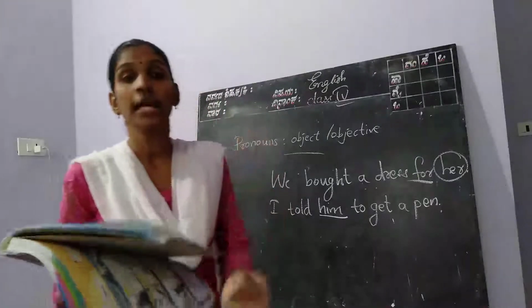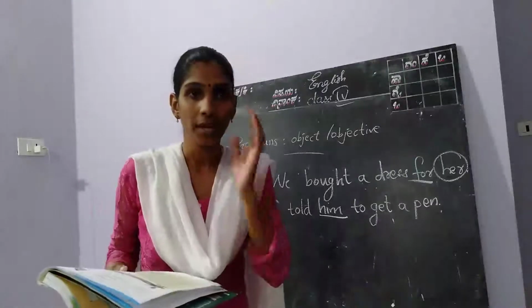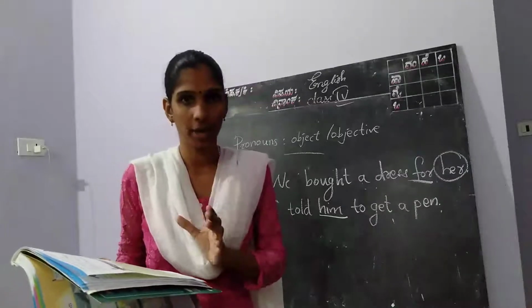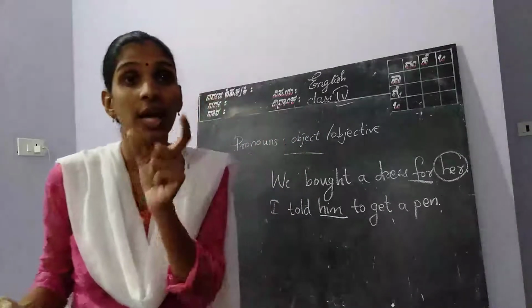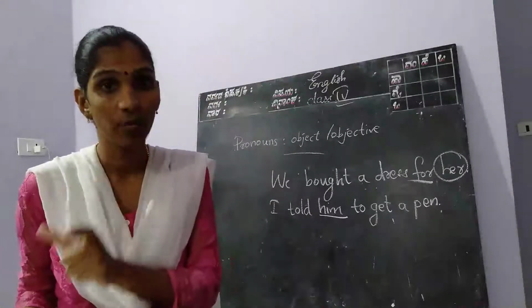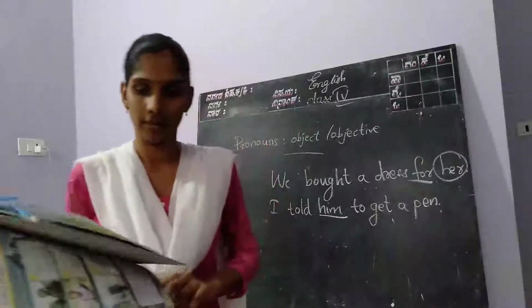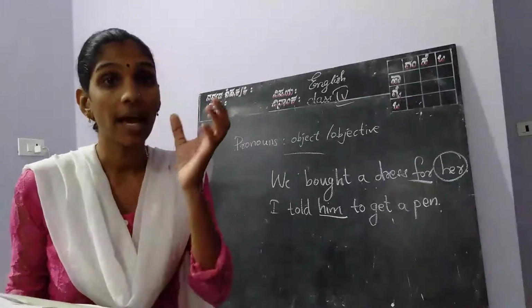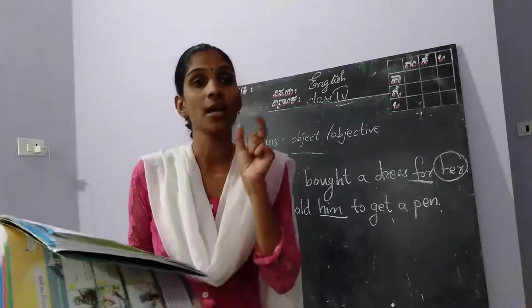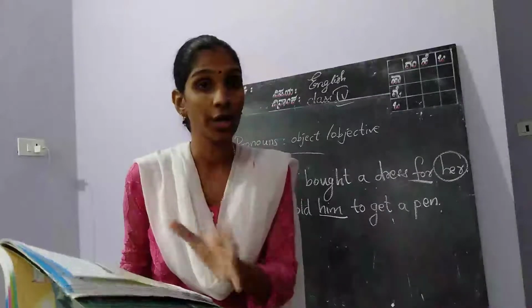Hope you understand. Let us see the next example. I like you. Here you is an objective pronoun and it is used after the word like. Like is a verb, an action word. And please bring me a glass of water. Here me is an objective pronoun. I hope you have the textbook in front of you.